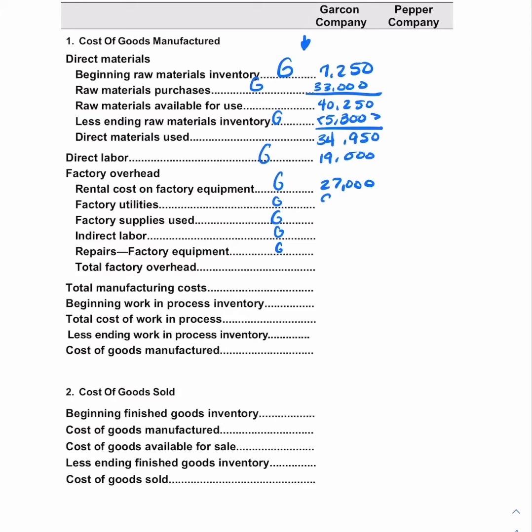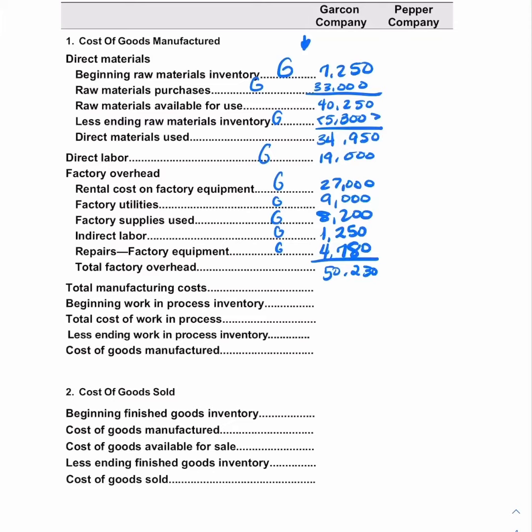Factory utilities per the facts, $9,000. Factory supplies used, $8,200. Indirect labor, that was $1,250. And repairs on factory equipment, $4,780. And if you add all that up, you'll come out to $50,230.